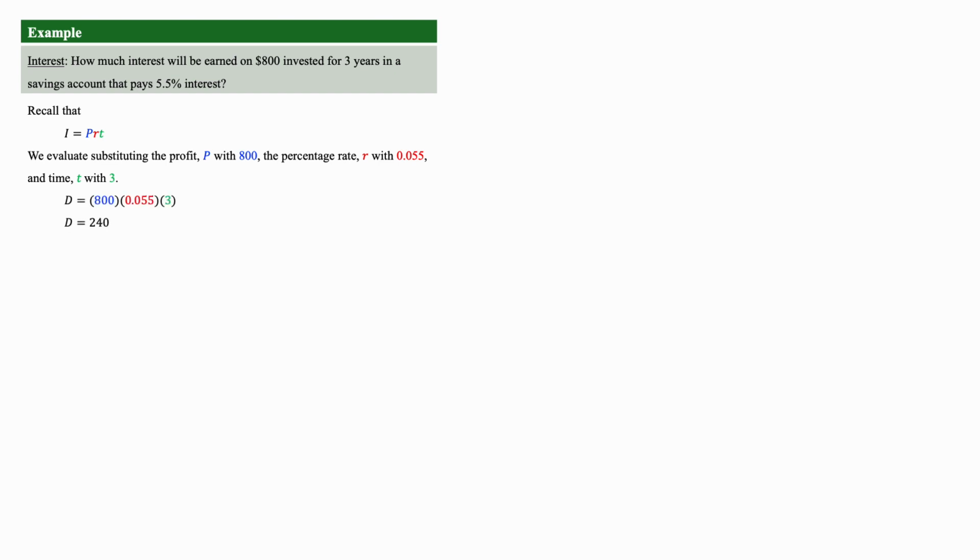And after simplification, we get 132. So this account will earn $132 in interest. But also keep in mind that 5.5% must be turned into a decimal before computing, because a percent is not an absolute form of a number.